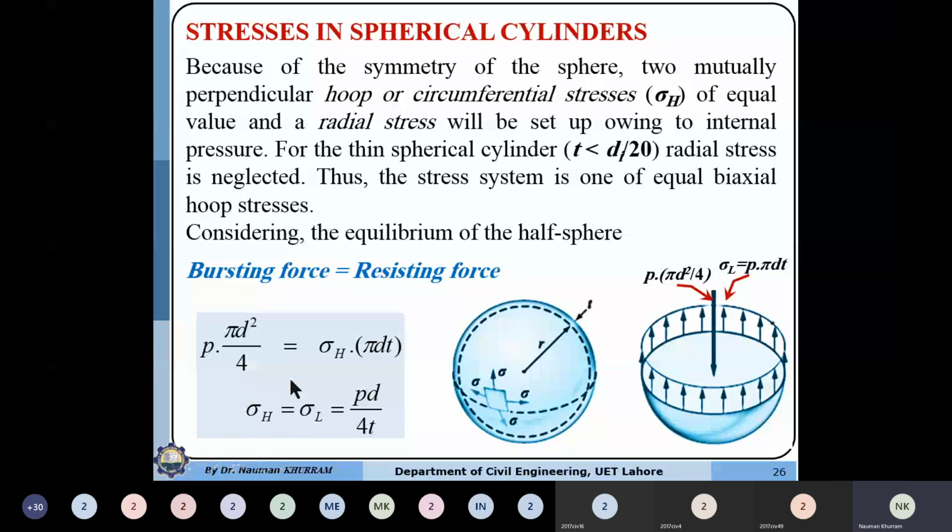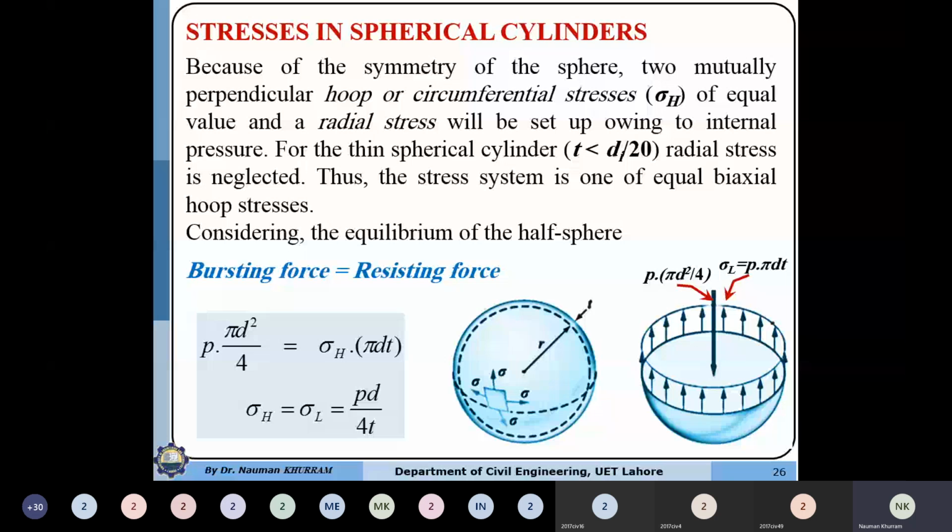In the cylindrical vessel, the hoop stress was twice the longitudinal stress, but in the spherical shell the hoop stress and longitudinal stress are the same, which is Pd over 4t. So the hoop stresses are also reduced.